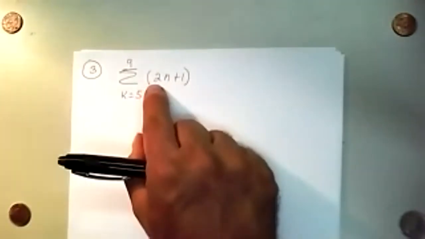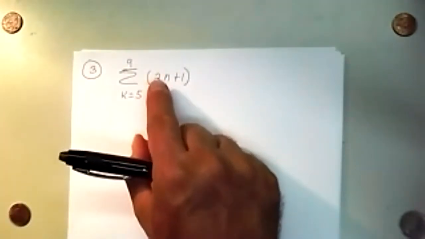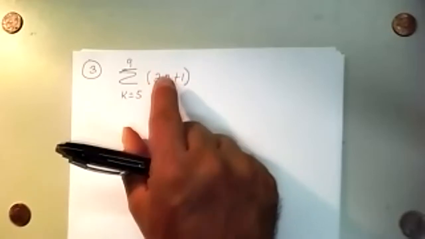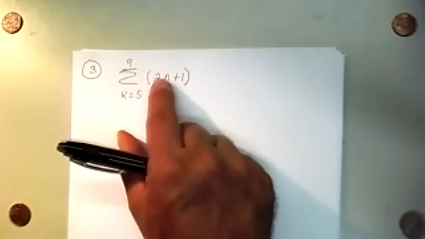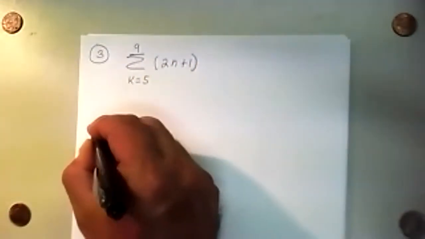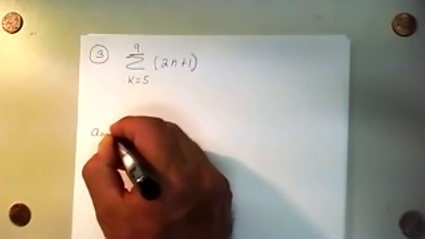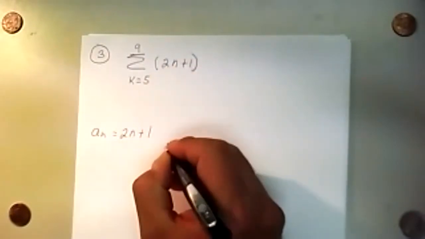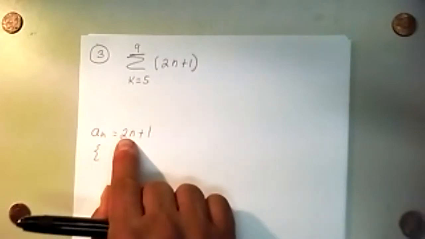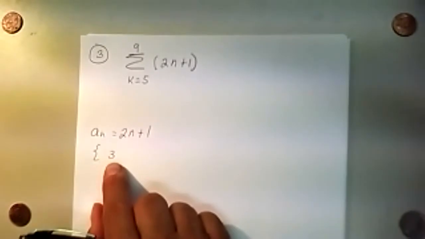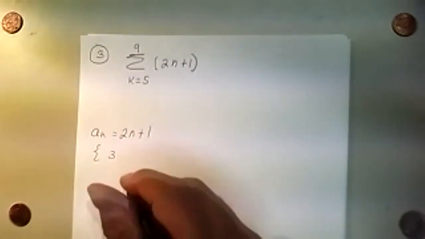So that means we're going to add the elements of this sequence, the sequence whose formula is 2n plus 1. Okay, so behind the scenes, there is a sequence, a_n, and that is the formula, 2n plus 1, which means when n equals 1, we have 3. So 3 is the first element in the sequence.